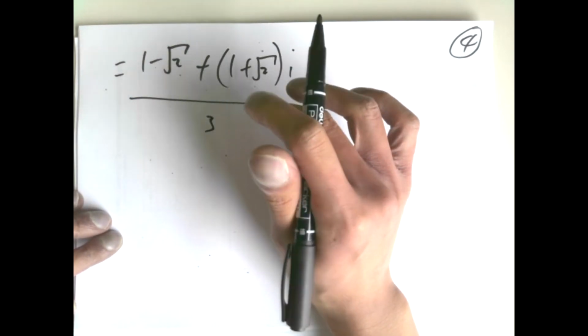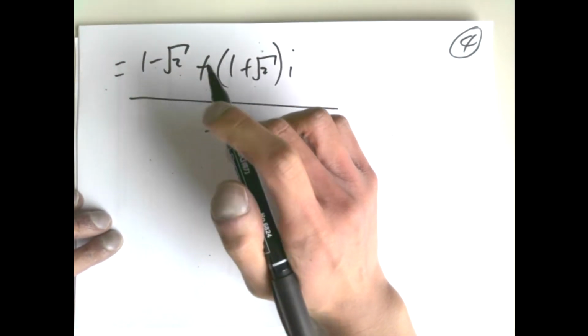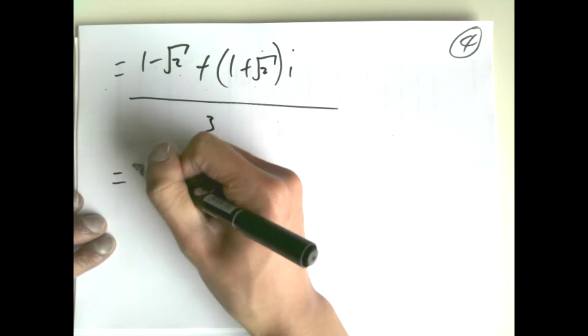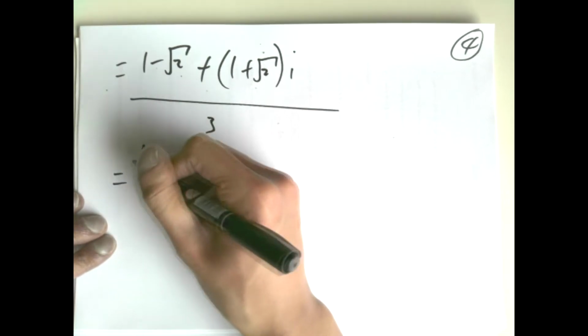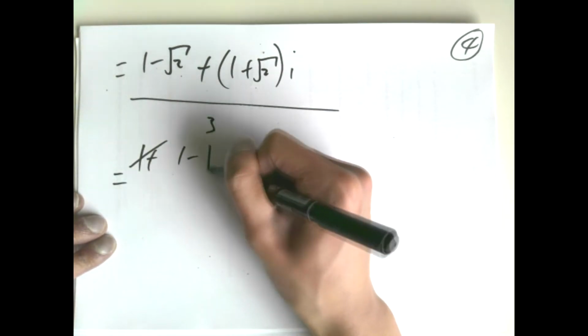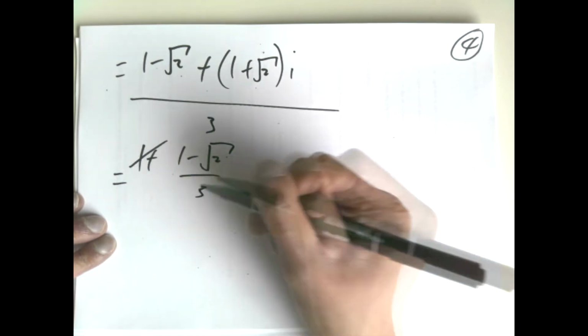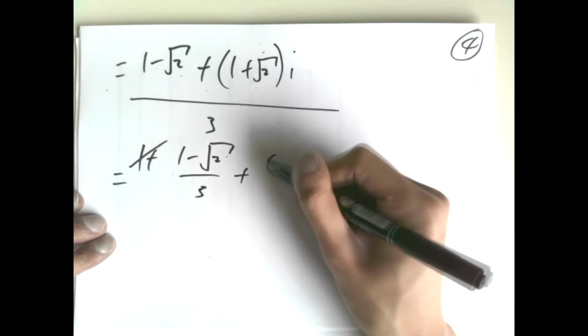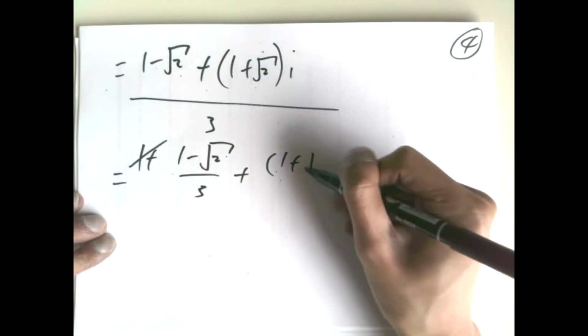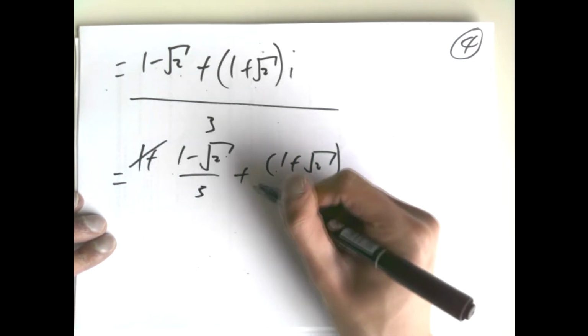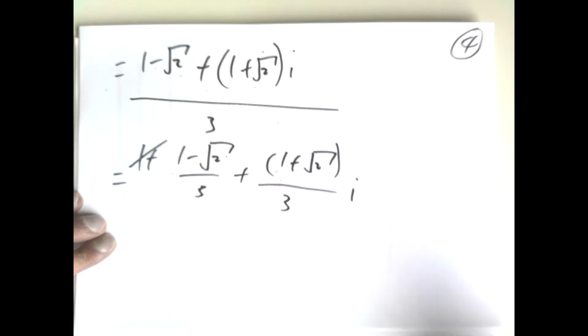Now we can actually break this up into a real plus imaginary component to become 1 plus 1 minus root 2 on 3, that's the real part, plus 1 plus root 2 all over 3 i.